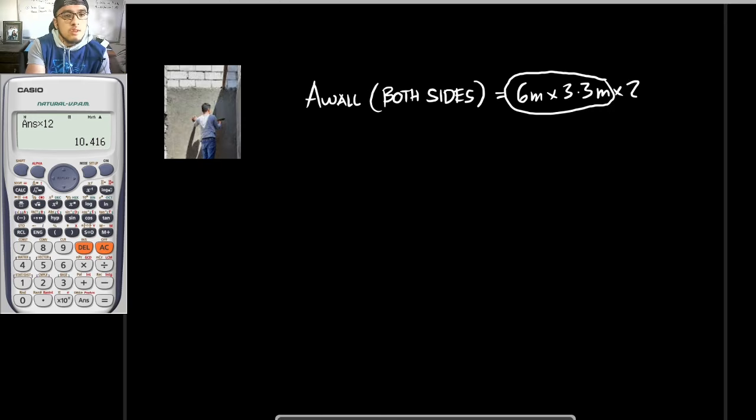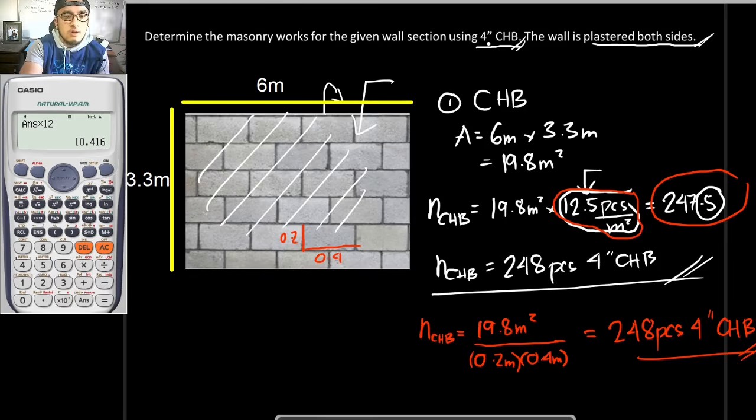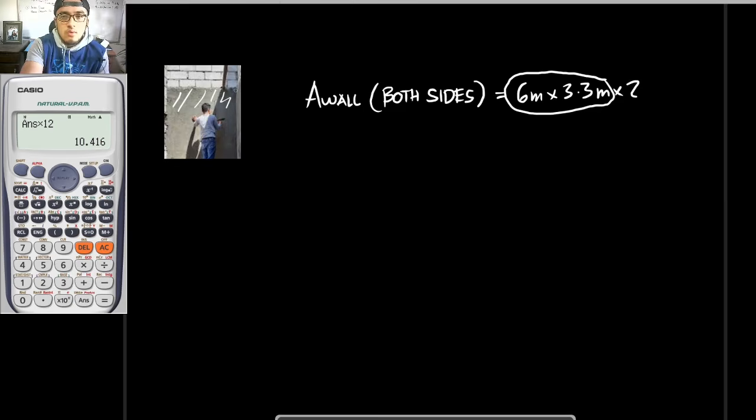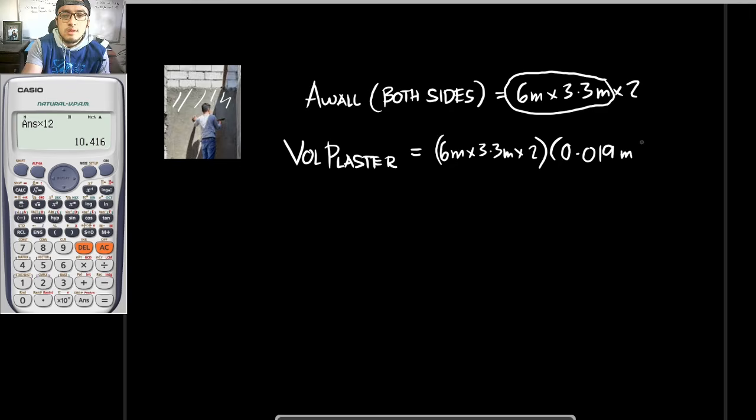What we would be needing to compute here is the volume of plaster. Once again, the thickness of the plaster is 19 millimeters, so we multiply the area by 19 millimeters. Volume of plaster is equal to 6 meters by 3.3 meters by 2, this is our area, times the thickness, and 19 mm is equal to 0.019 meters.